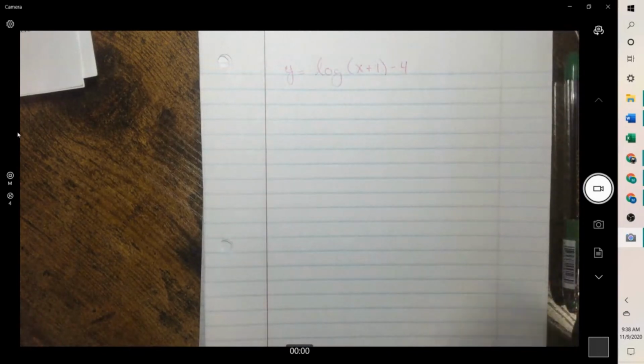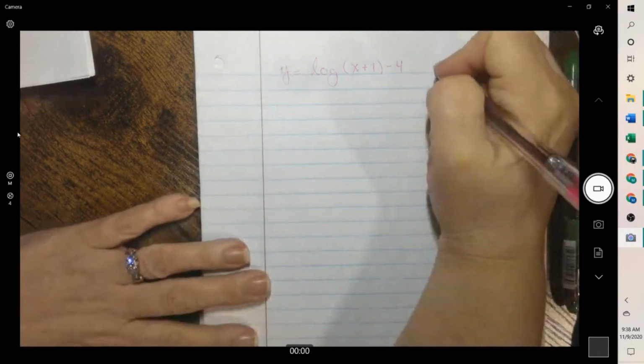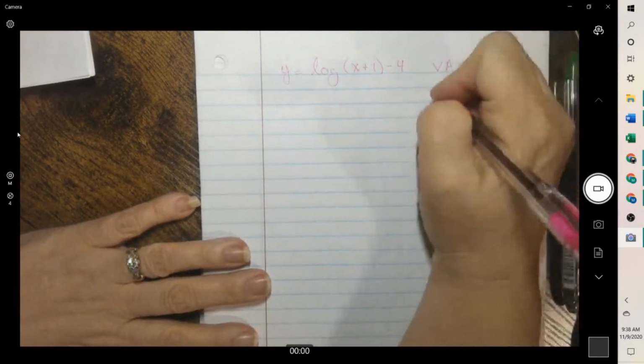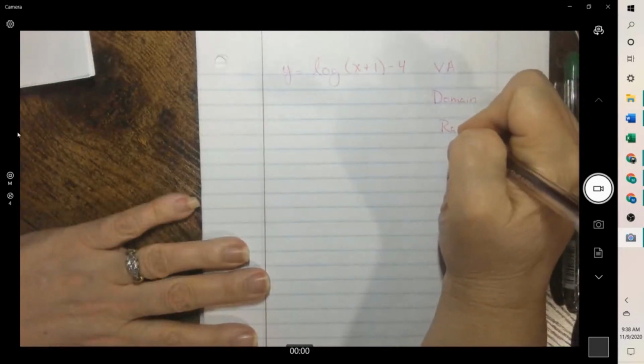Probably the same one. Keep using the same number. Okay, so find the vertical asymptote, the domain, the range.